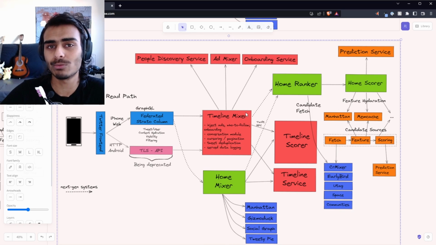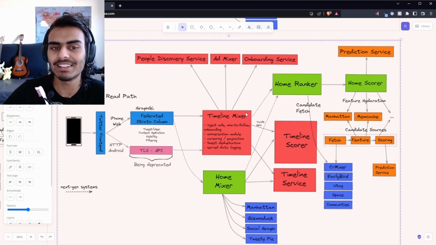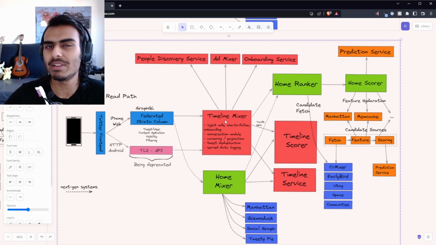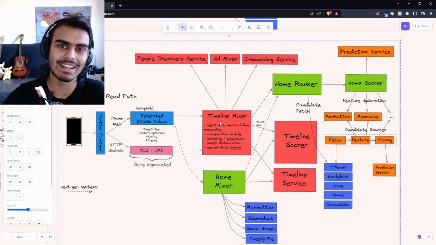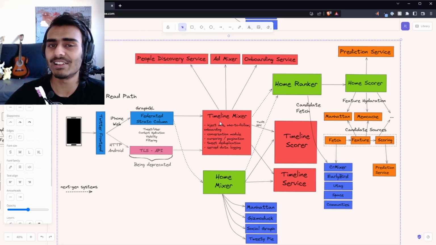This also gives us one other piece of insight, which is that they are probably migrating away from a current system to a next-gen system, maybe in hopes of better performance or better maintainability in the long term, whatever. Those reasons are not specified in this diagram, but we can pretty clearly see that there is a current or existing system and there is a next-gen system, and they're in the process of migrating over.